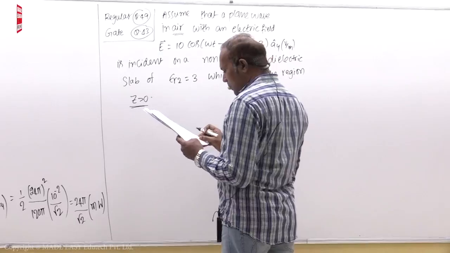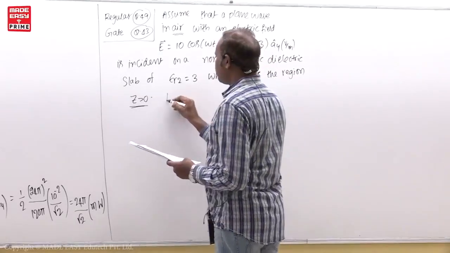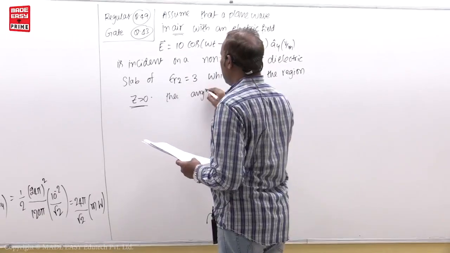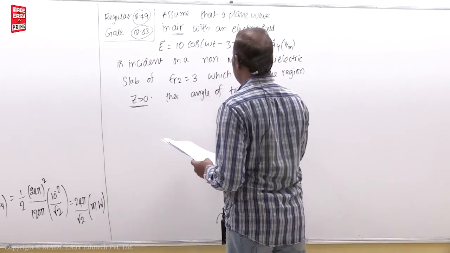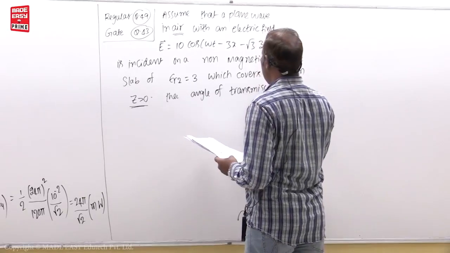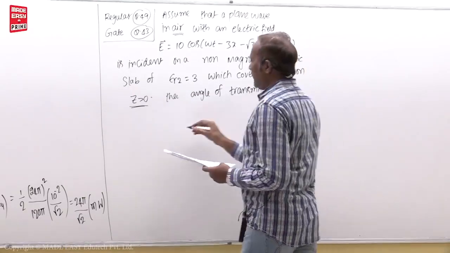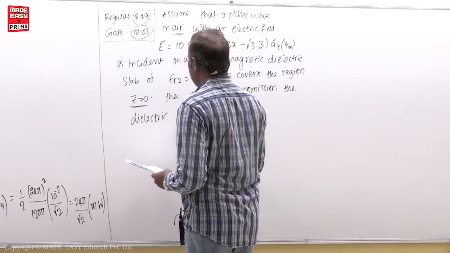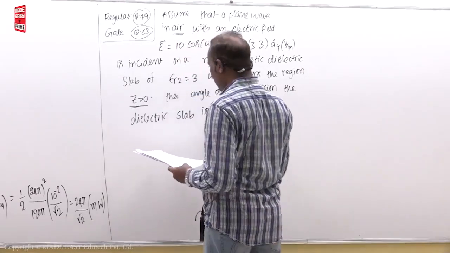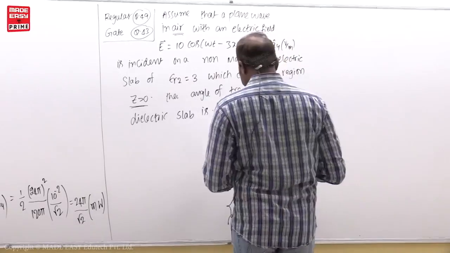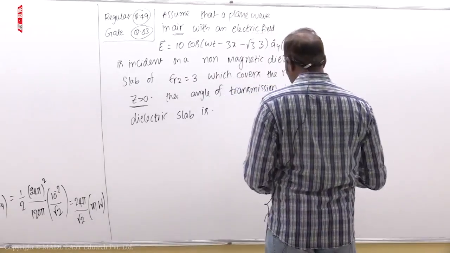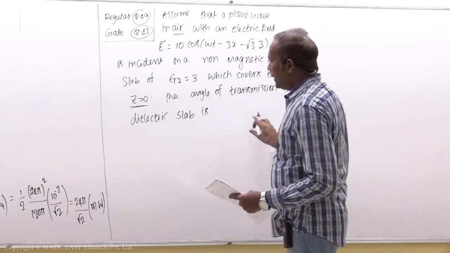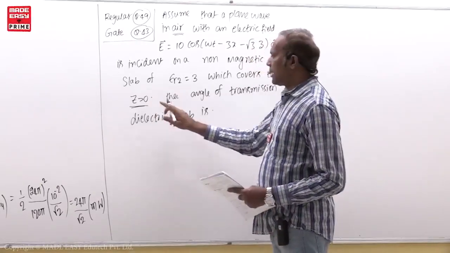The angle of transmission in the dielectric slab is, that means you have to find theta t. Okay. So here I am going to draw this diagram. You see here, students, what is important point here is z greater than 0.